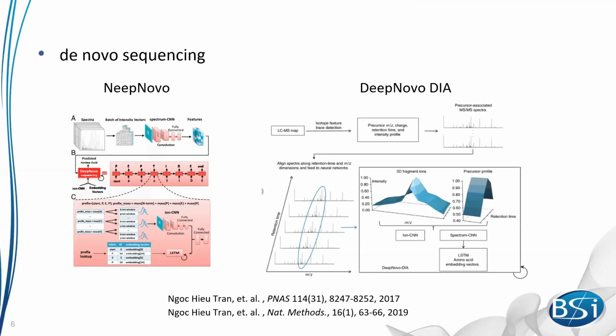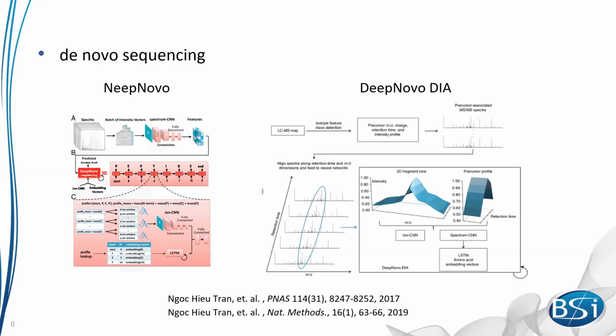And later on, we extended de novo sequencing from DDA to DIA by incorporating the chromatogram information of precursors to get de novo sequencing results from DIA data. In Peaks Online, we improved all those technologies for spectral prediction, precursor prediction, retention time prediction, and de novo sequencing.